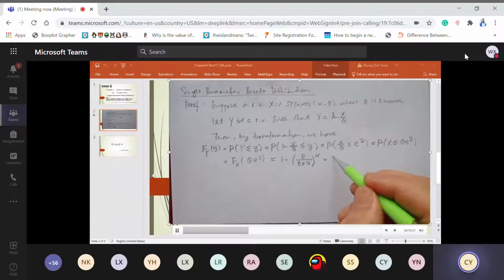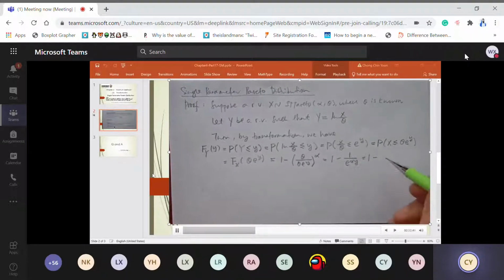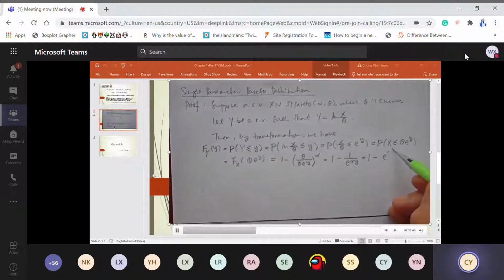We simplify, theta is eliminated, and so this equals 1 minus 1 divided by e to the power of alpha y, or we say this is 1 minus e to the power of -y divided by alpha to the power of -1.